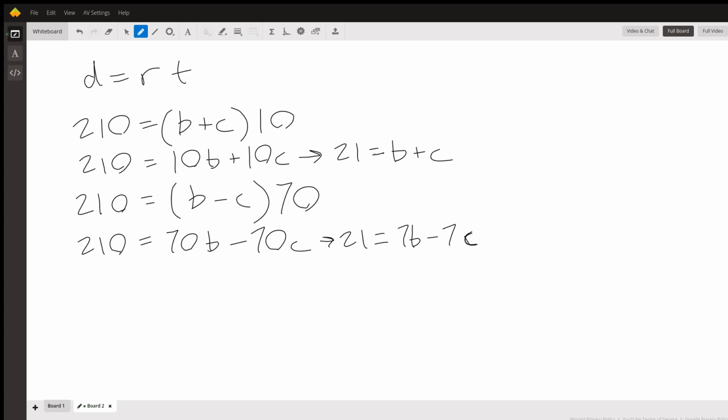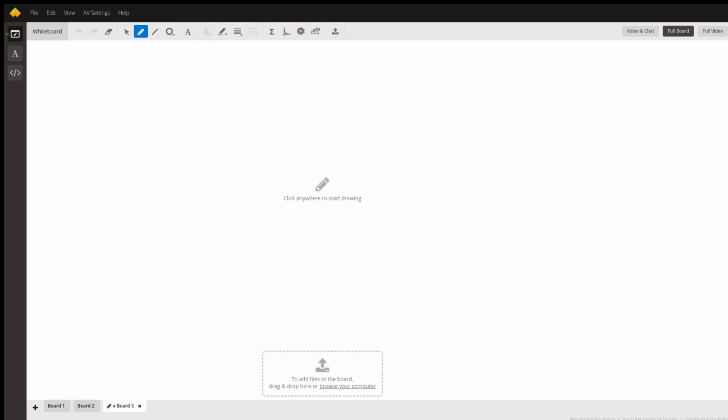Okay, so let me add another board here. Let's go ahead and take that first equation here and multiply it by 7. So what is 7 times 21? That's 147. So we'll have 147 equals 7B plus 7C.